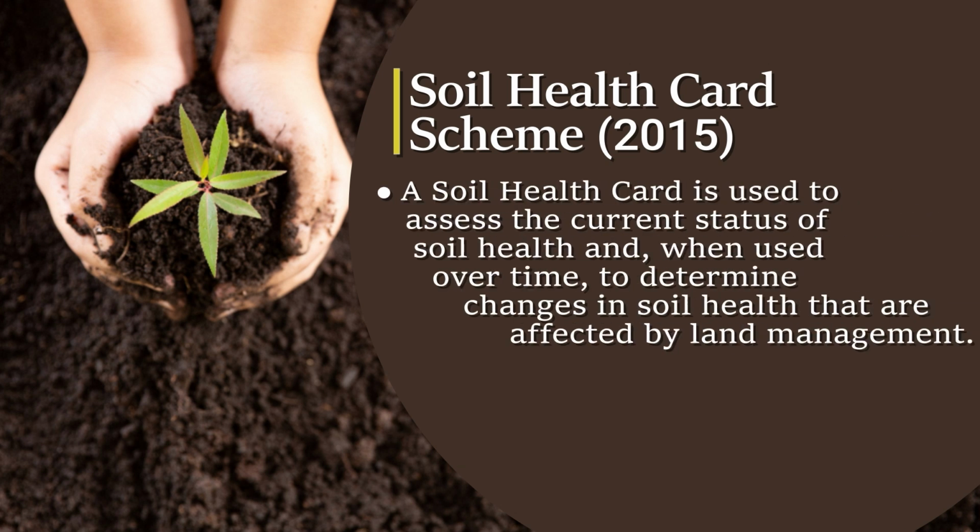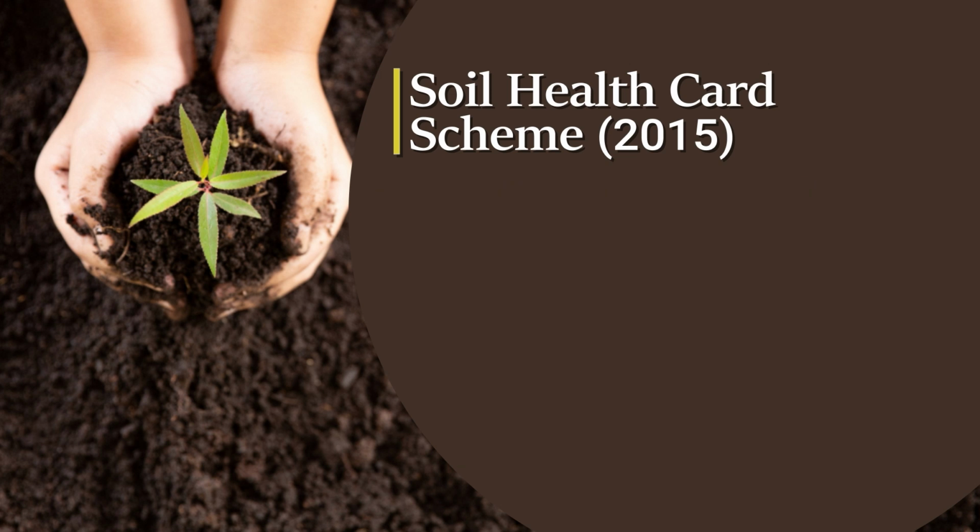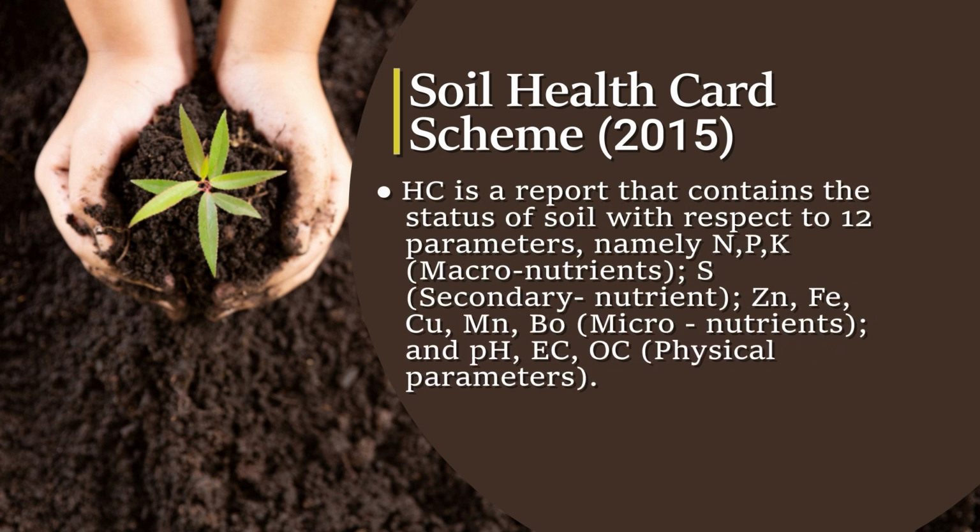The soil health card is also used to assess the current status of soil health, and when used over time, to determine changes in soil health that are affected by land management. It contains the status of soil with respect to 12 parameters, which are NPK, secondary nutrients and micronutrients.